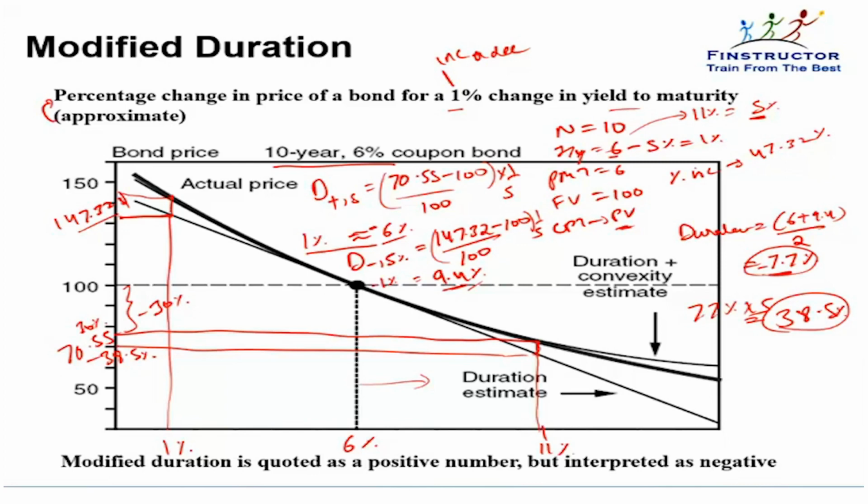So in that case, a duration approximation can be used, as duration is a good approximation. If the yields were changing by a small amount, just falling or going up by 0.1%, then you can verify the difference between the actual and the duration estimate would not be much. Problem happens when yield changes are large.